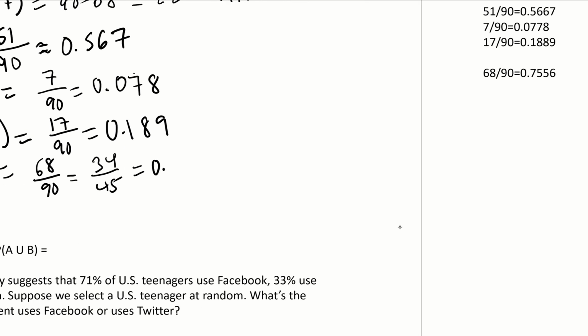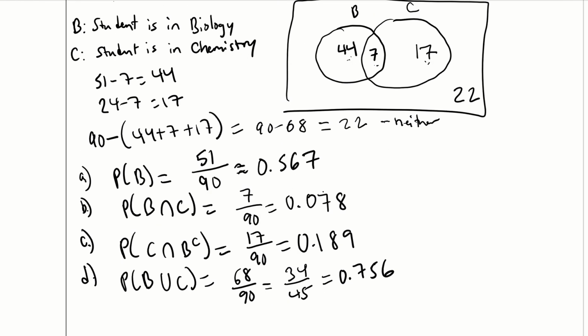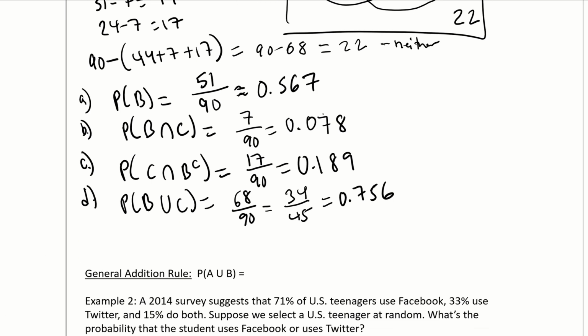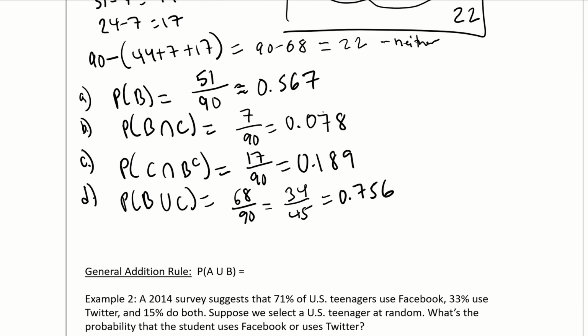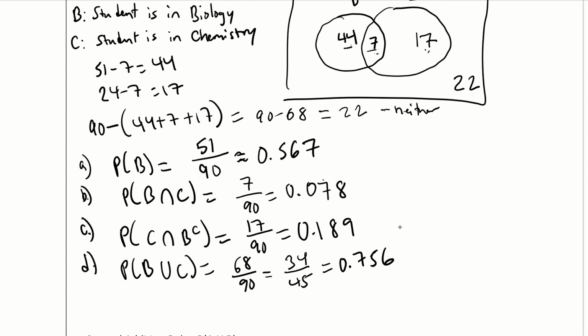And that's going to be 0.756. All right. So that's how you calculate the probabilities for various events. So notice that when we calculated the union, right, we added these numbers up, right?